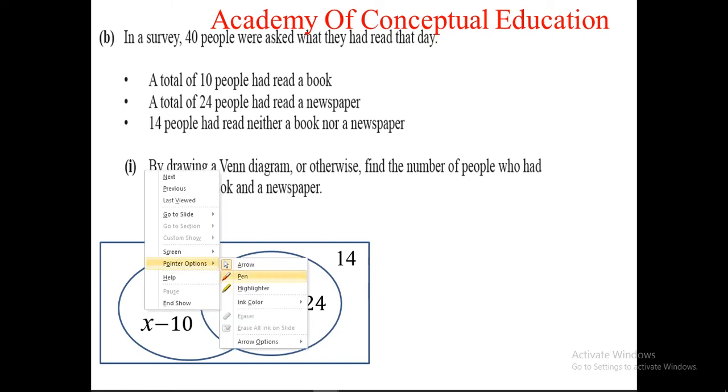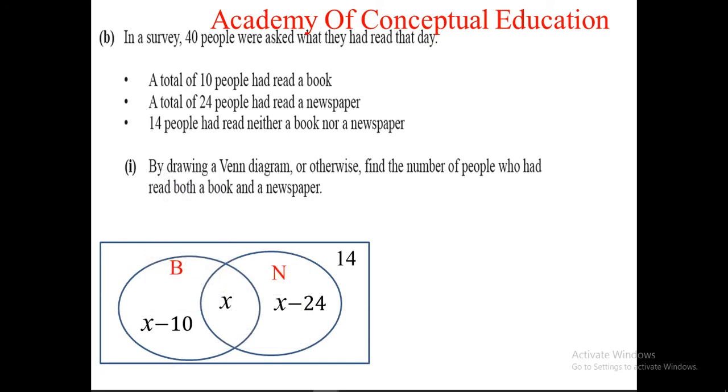There is always a confusion about why it is x minus 10 and why it is not 10 minus x. Because we always subtract the intersection portion, like x minus 10.